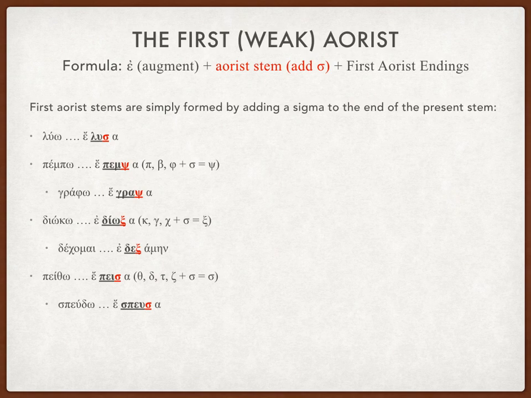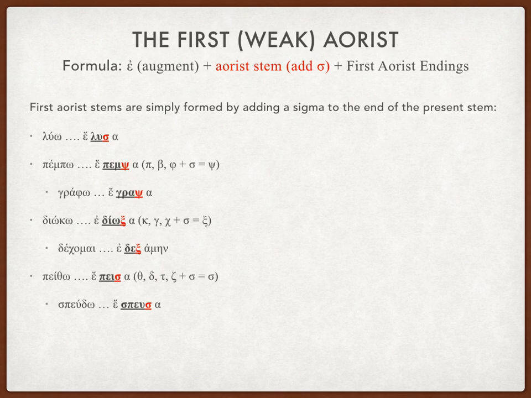So epemps is following the same formula as the one you have above before I add the ending a. So epempsa is my aorist form, meaning I sent, and I sent once. Same with grapho, which will also follow this formula by adding epsilon to the beginning, sigma to the end of grap, which gives you graps, and the ending alpha to give you egrapsa, I wrote, in past time.